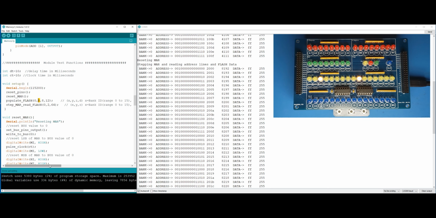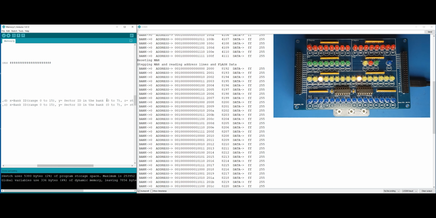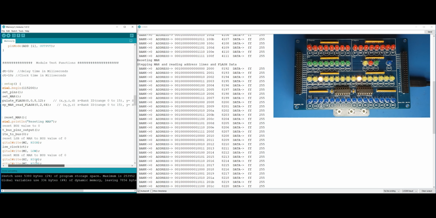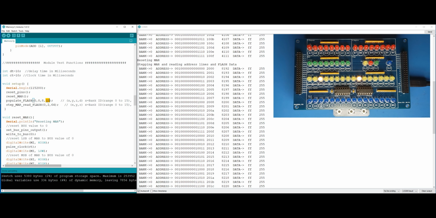The second parameter is the relative sector ID, which ranges from 0 to 7. The third parameter is the number of steps we want to write, meaning the number of bytes that we want to write to the flash. And finally, this is the value that we are trying to write to our flash.